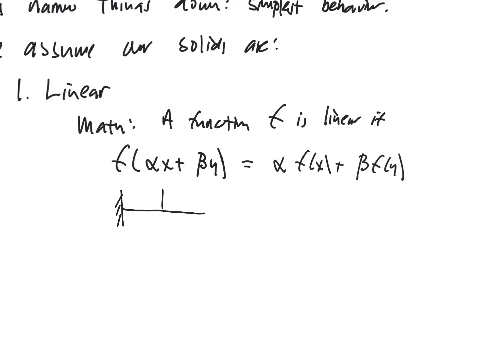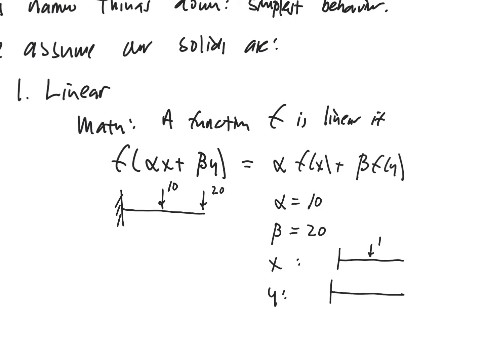In practice, what that means is that if your structural response or your solid response is linear, it means this. If you've got 2 forcing functions, let's say one is 10 and one is 20. Now, in our problem, alpha would be equal to the factor of 10, and beta would be equal to the factor of 20. X represents this loading, a load of 1 at the midspan, and y is the function that represents this. So this is f.